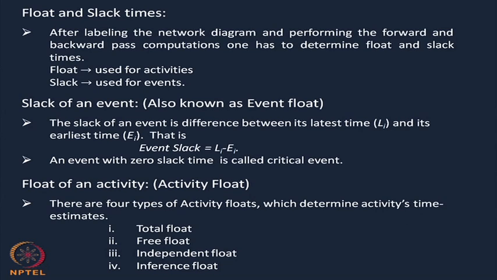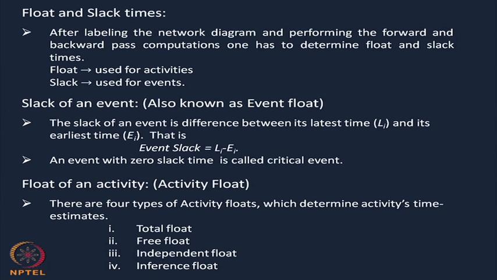The next topic is float and slack times. After leveling the network diagram and performing the forward and backward pass computations, I now have to determine the float and the slack time. What do you mean by float? Float time is used for activities, whereas slack time is used for events. What is the slack of an event? It is also known as event float.